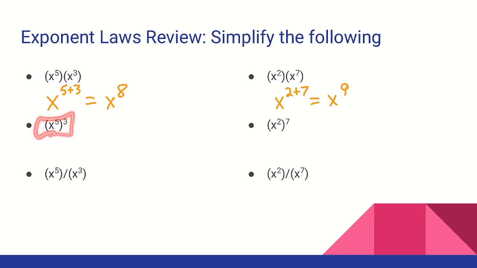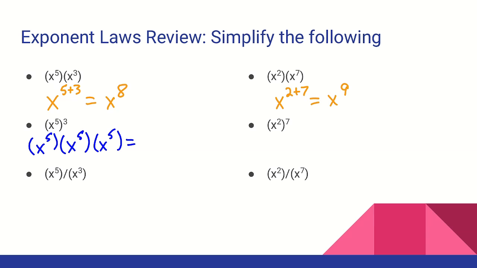On this one, because we're raising this to the third power, you can really think of this as x to the 5th times x to the 5th times x to the 5th.